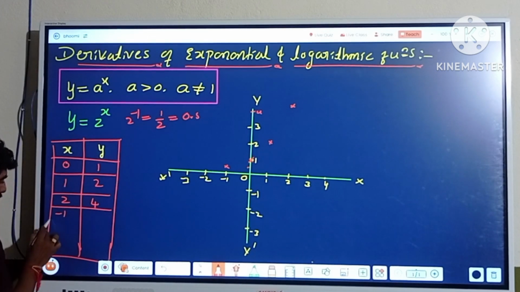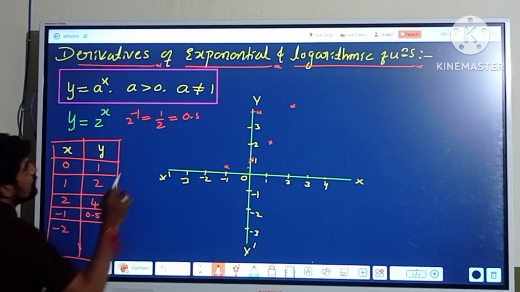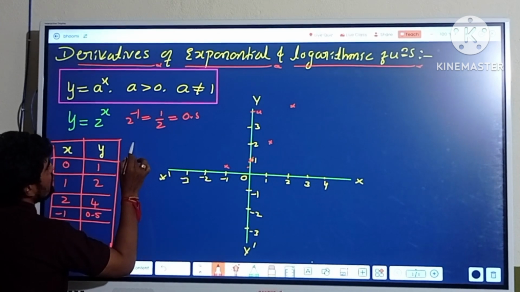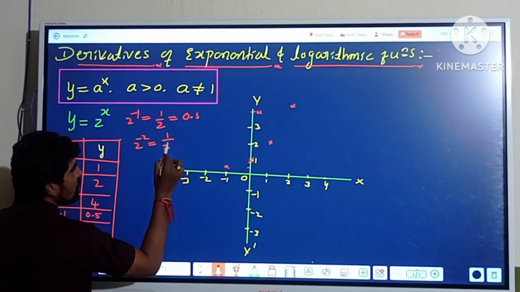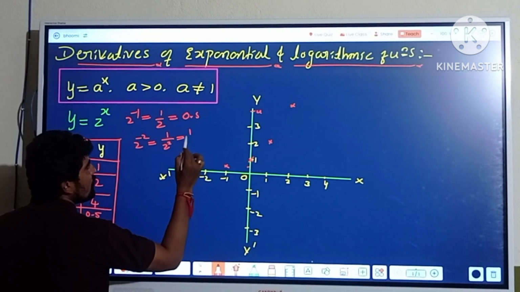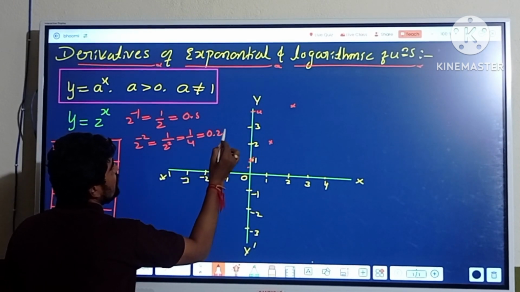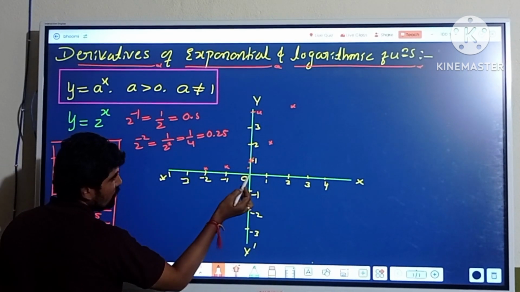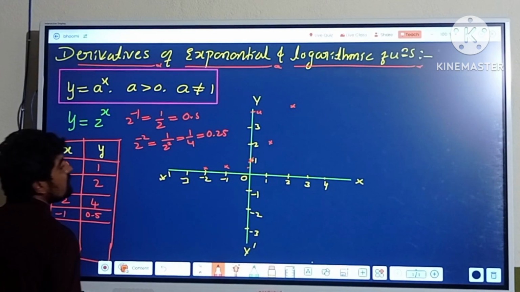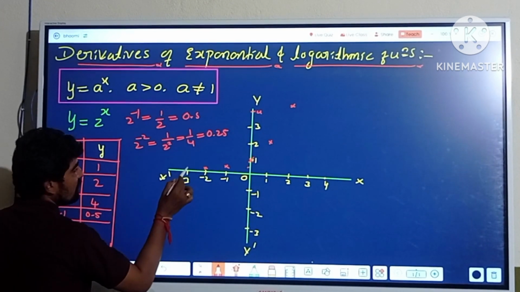And when x is minus 2, 2 power minus 2 means 1 divided by 2 power 2, which is 1 by 4, that is 0.25. So when x is minus 2, y is 0.25. And when x is minus 3, definitely it is less than 0.25.